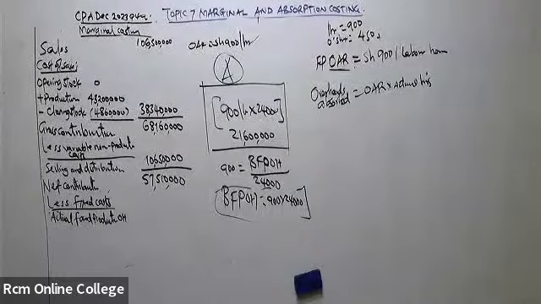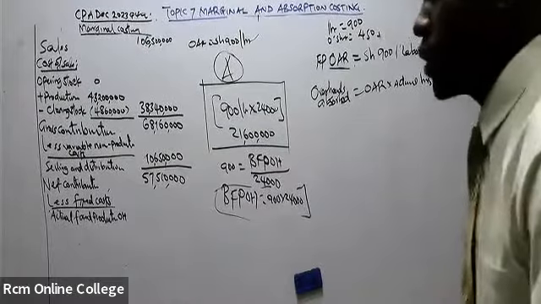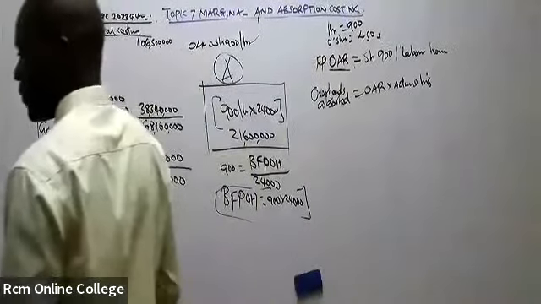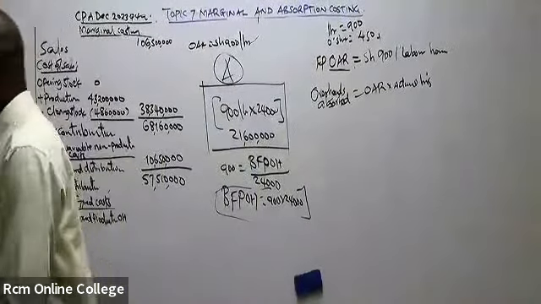Actual fixed production overheads. 1 unit, 0.5 hours.